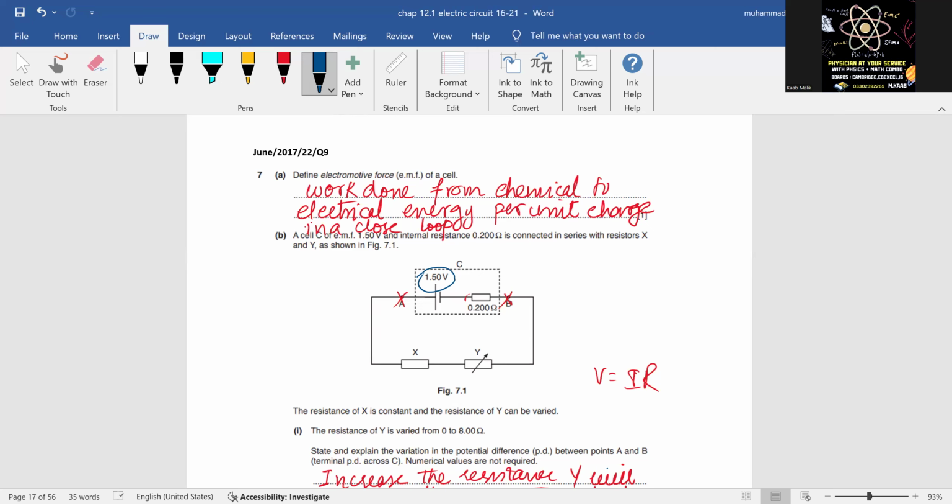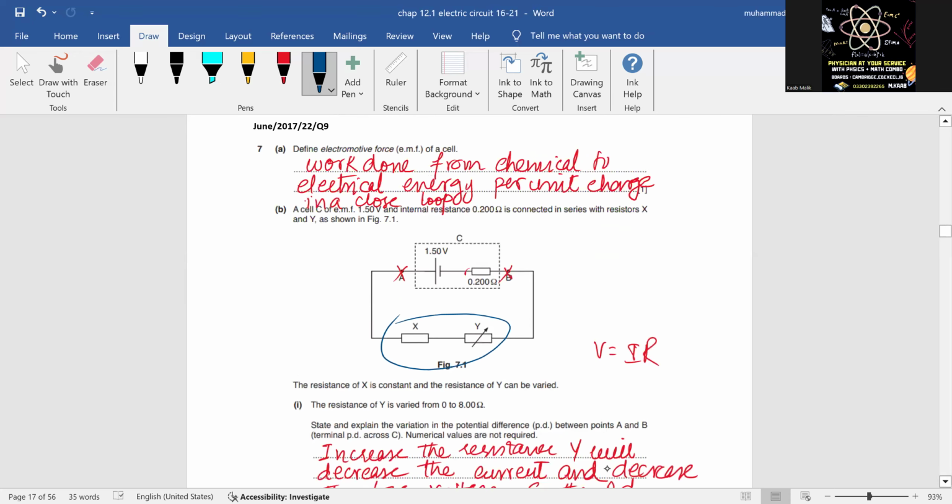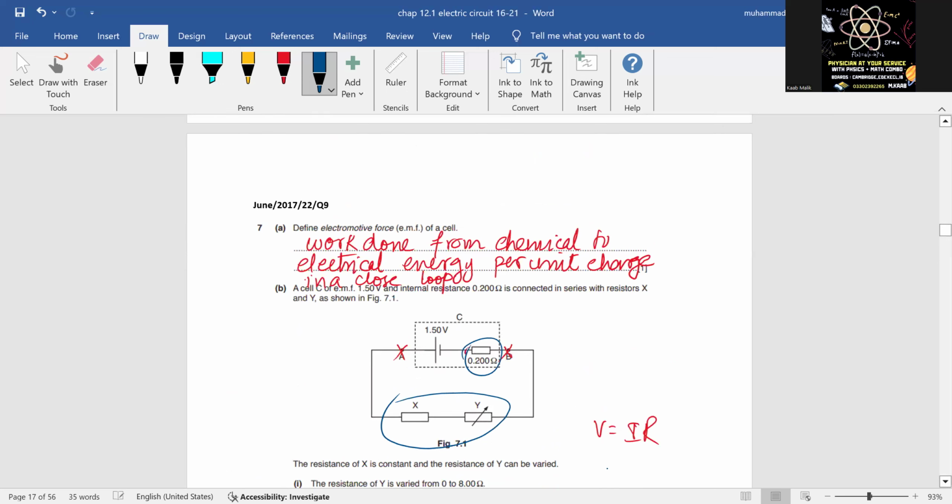And whatever the power delivered to this point is the output, right? Is that clear? Because internal resistances are basically the losses, right? So this is the loss and X and Y are the output, or the required, right? That is why.